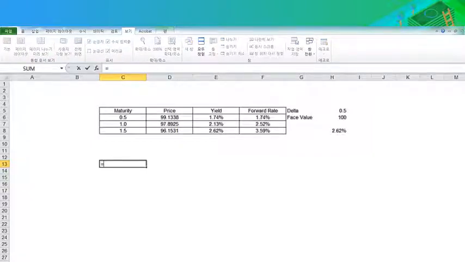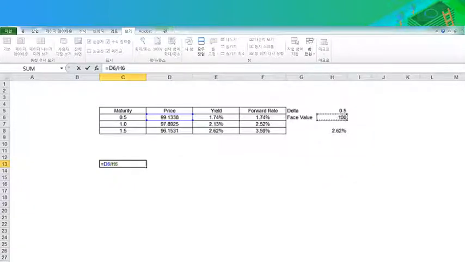So we can apply the previous one. So this is the value of the contract, and at the end of the 1 year, we'll receive $100, which is called the face value.